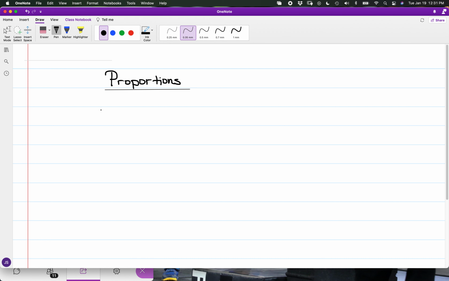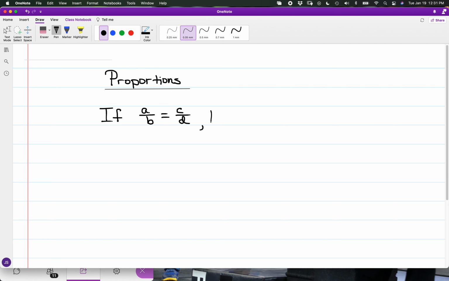Say you have two ratios equal to each other, like A over B is equal to C over D. Then we have another statement of equality, under a particular set of conditions.